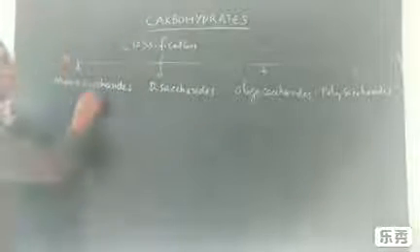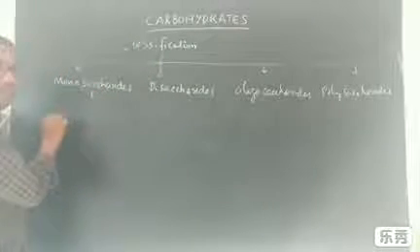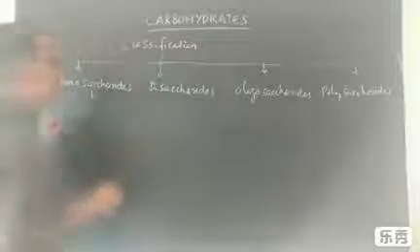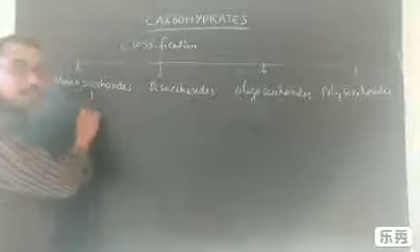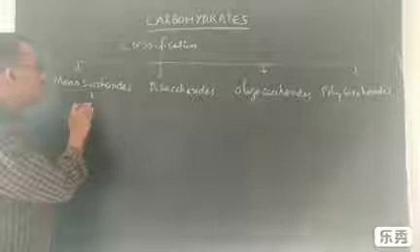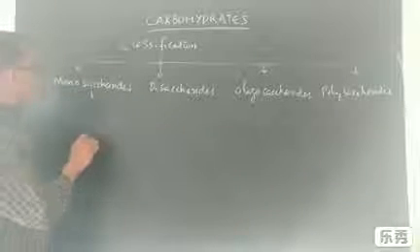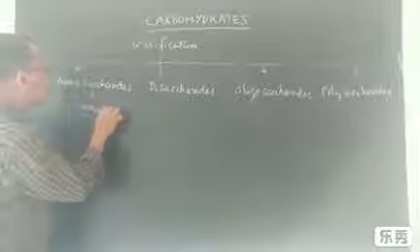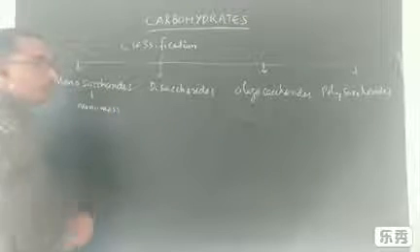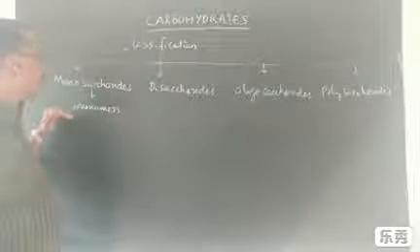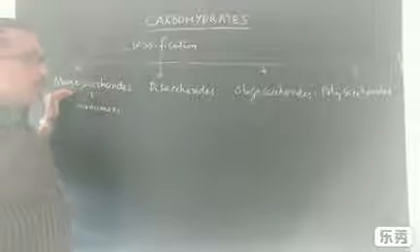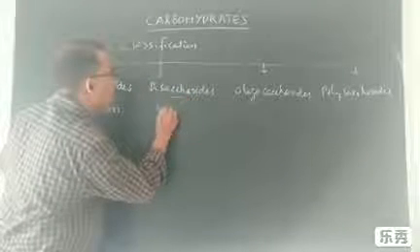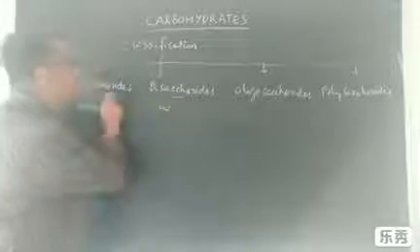Monosaccharides are the simplest form of carbohydrates. That means they cannot be further hydrolyzed into simpler forms. Therefore, we can consider them as monomeric units of carbohydrates. Disaccharides contain two monosaccharide units.